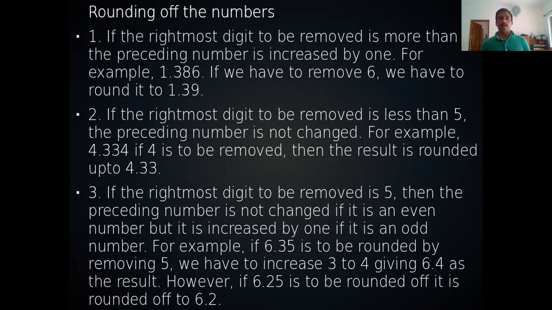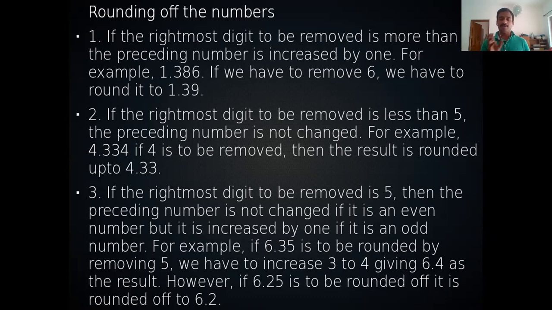Second rule: if the rightmost digit to be removed is less than 5. The first condition, greater than 5, was that the preceding digit increases by 1. In the second case, if the rightmost digit to be removed is less than 5, the preceding number is not changed.